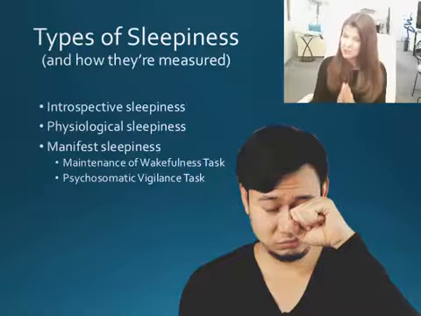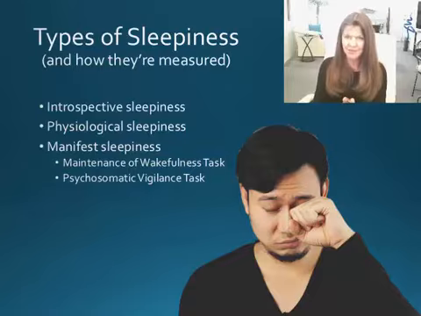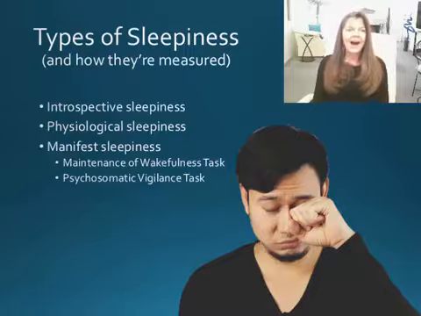The MWT, as it is often referred to, is similar to the MSLT, except that people are trying to stay awake instead of trying to fall asleep. As such, it measures the ability to remain awake. Let me repeat that. It measures the ability to remain awake.